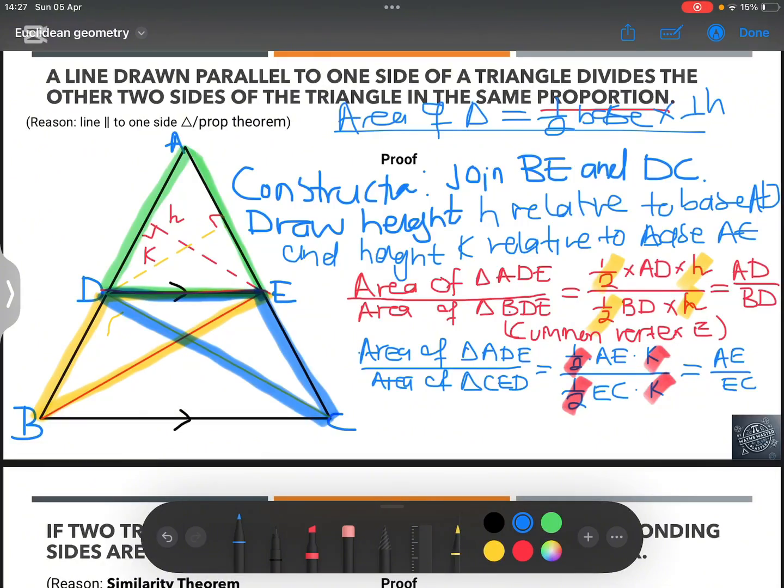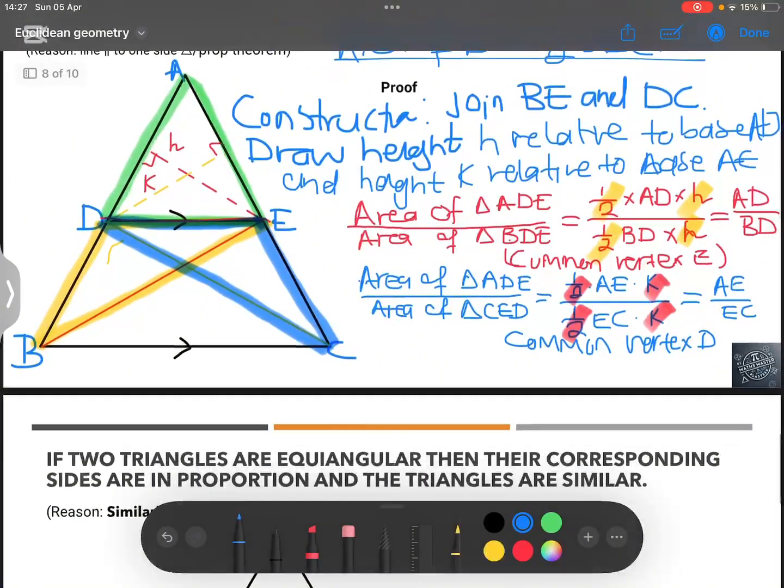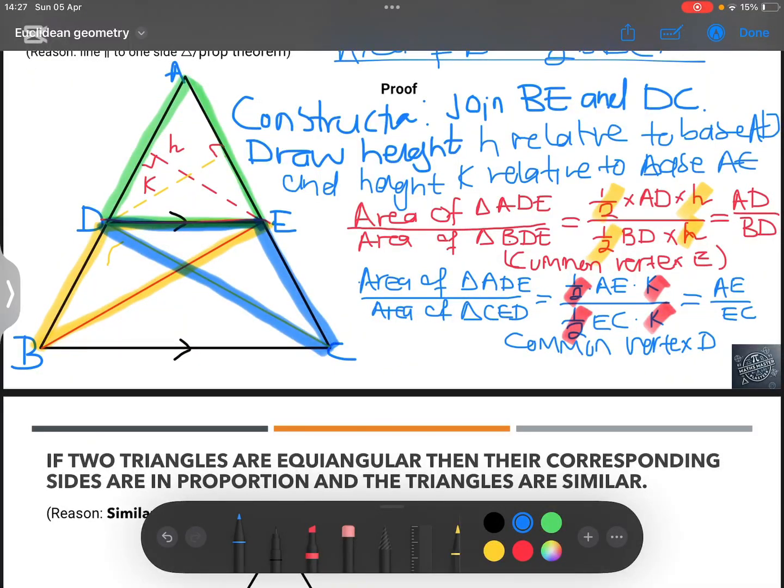So in this case, we have a common vertex D, or they have the same height. Now the area of triangle ADE is common.